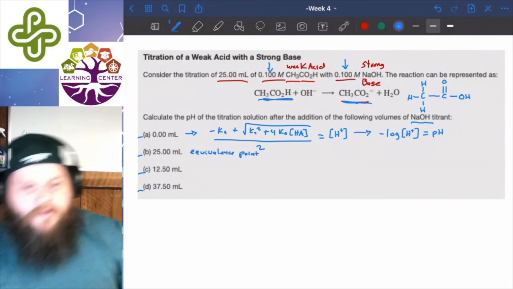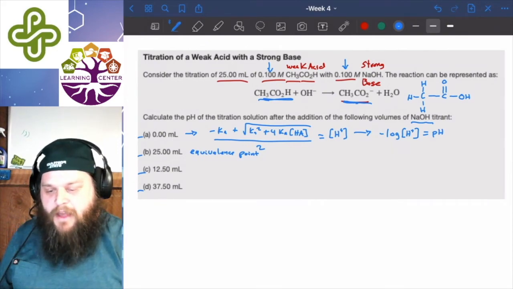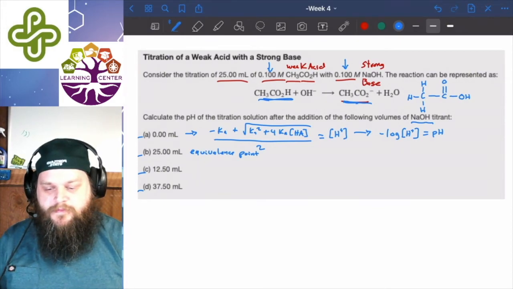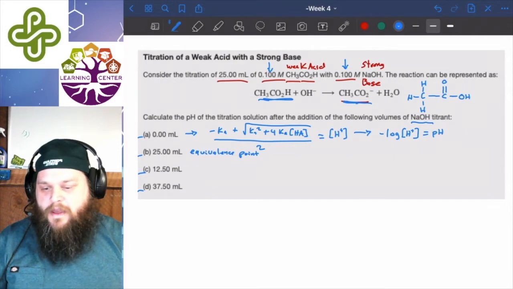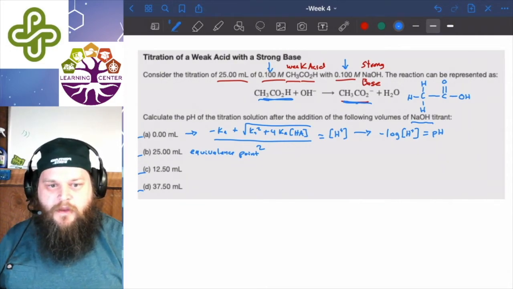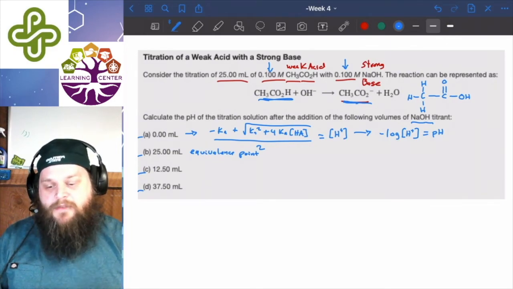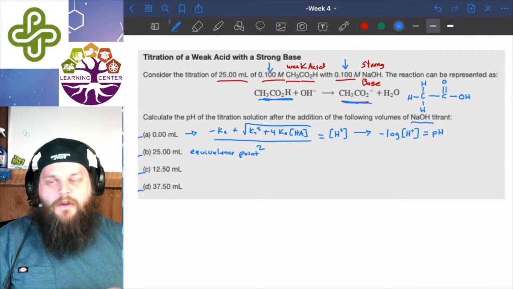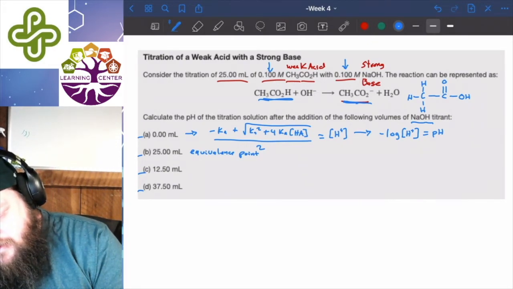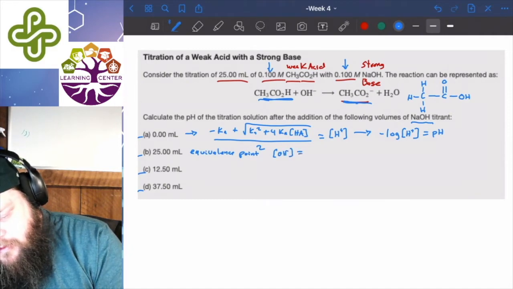So which equation should we use to find out the pH at that point? This is a weak acid being titrated with a strong base. Yeah, the quadratic again, but in this case, we want to use the quadratic equation for the hydroxide, or the base form of it, which is the same thing, but now it's negative Kb.